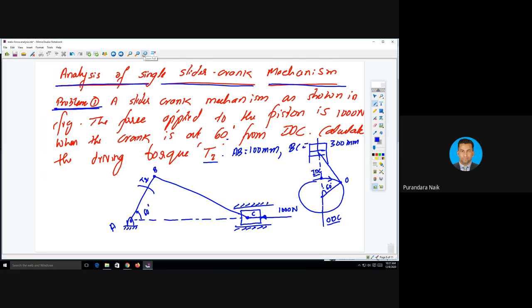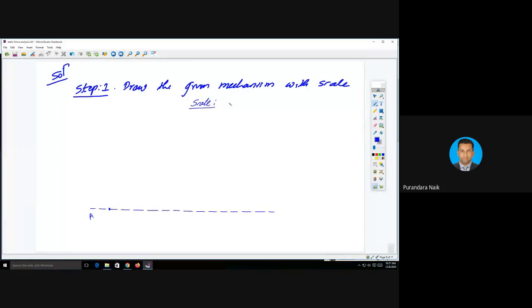Now what scale are you going to take? 50 millimeter is equal to 1 centimeter will be the proper scale, because 300 millimeter will be 6 centimeters. AB is 100 millimeter, which means 2 centimeters. Now what is the angle? The angle is 60 degree. Take 60 degree.